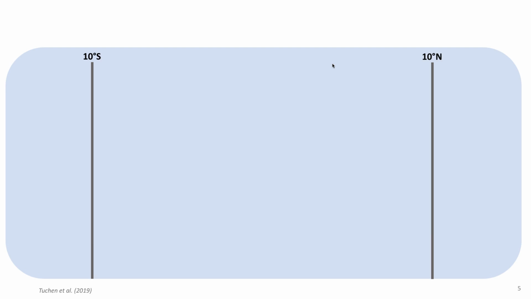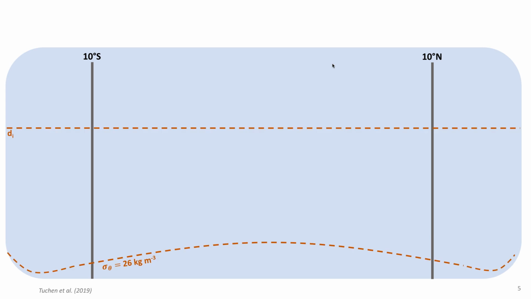Okay, and then we summarized all the transports that we calculated at the sections at 10 South and 10 North. So again, see this as a schematic of the tropical Atlantic. There are our boundaries of the surface layer. As I mentioned, this Ekman depth, which is roughly at 60 meters, and the lower boundary, which is the diapycnal.